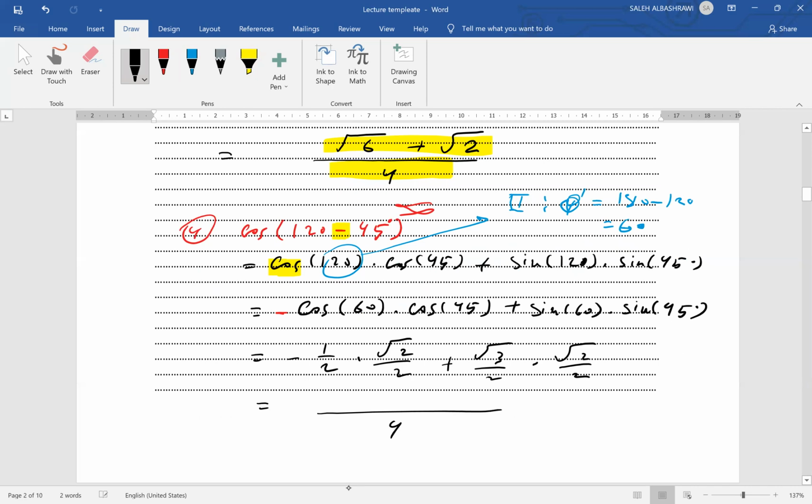I will have 4 down. It is minus square root of 2 plus square root of 6 divided by 4. So this is the exact value of cosine 120 minus 45, or cosine of 75. It is minus square root of 2 plus square root of 6 divided by 4.